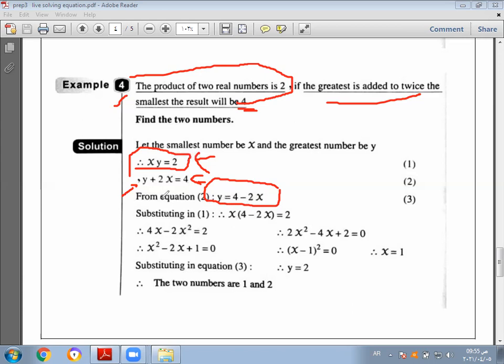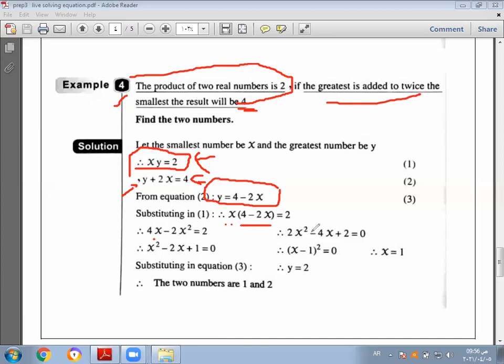We know that x multiplied by y equals 2. We replace y by the bracket 4 minus 2x. So we get x times the bracket 4 minus 2x equals 2. We expand it by distributing x on the bracket. x multiplied by 4 gives 4x, and x multiplied by negative 2x gives negative 2x squared.